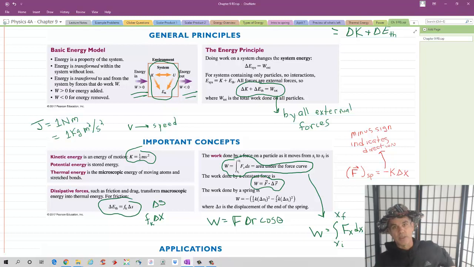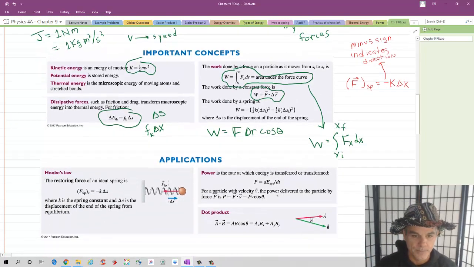If the angle is between 0 and 90, the work done by that force is positive, it's adding energy. If the angle is 90 degrees, the work done by that force is 0. And if the angle's between 90 and 180, the work done by that force is negative. It's removing energy from the system.